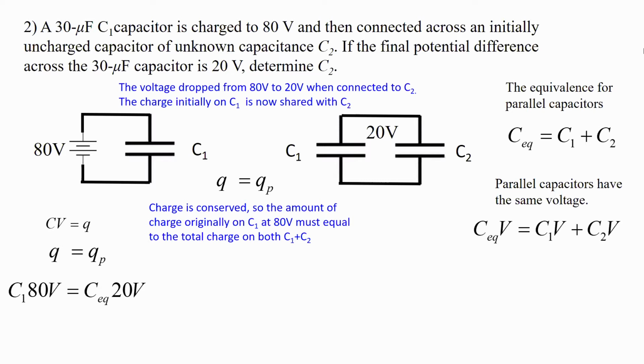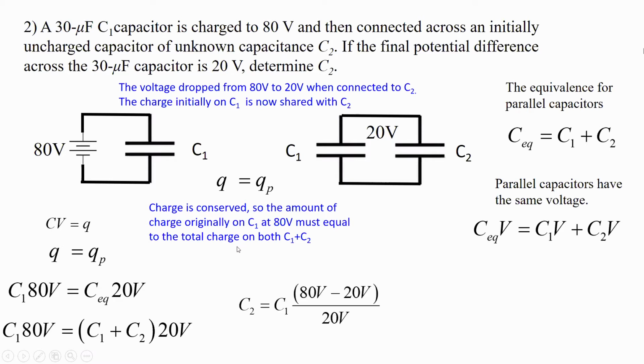Okay. And so what I'm doing is to substitute in for the equivalent capacitance, C1 plus C2. So now we have this relationship. And now we can solve for C2 in terms of C1, which we know the value for.